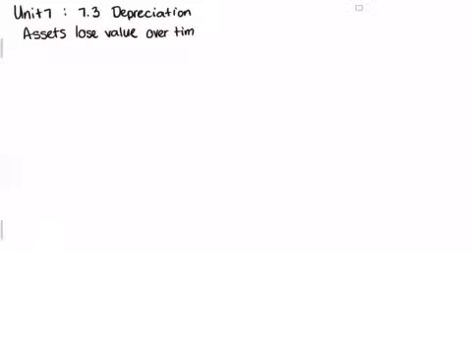So if you want to sell them after a while, you will get less for them than when you bought them. And they could even lose value to the point of where we call it scrap value. So you can get a little bit of money for it, but really not much.